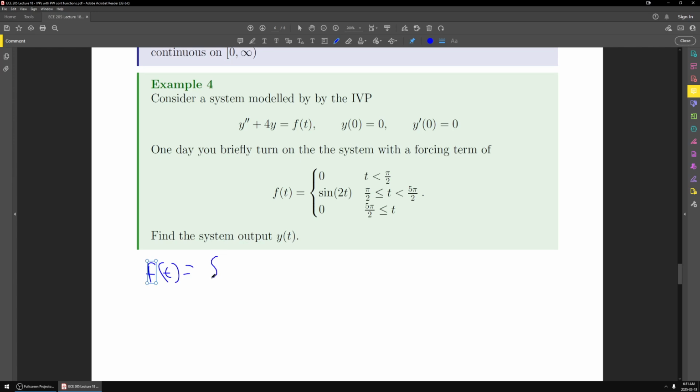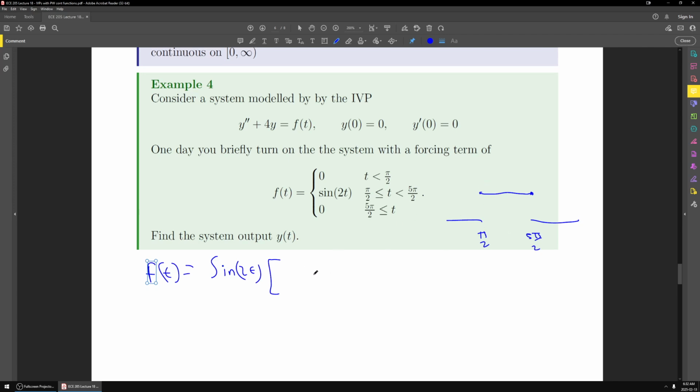Because sine of 2t is being turned on at this point and turned off at this point, I can think of it as sine of 2t times a function that is 0, then at pi over 2 jumps up to 1, and then at 5 pi over 2 jumps back down to 0. I can do that using my Heaviside functions.